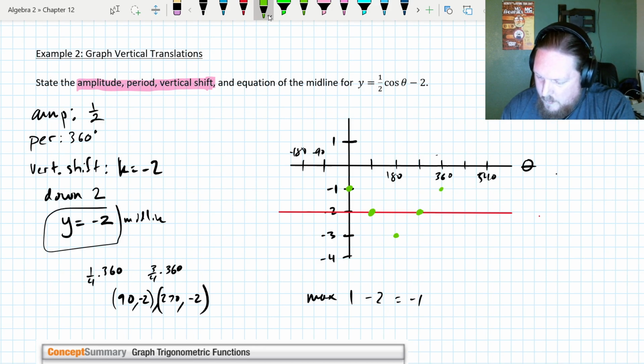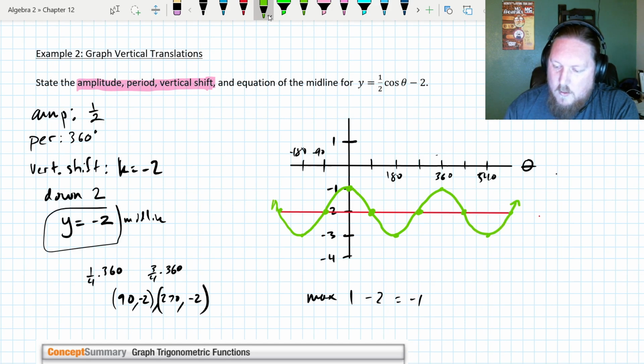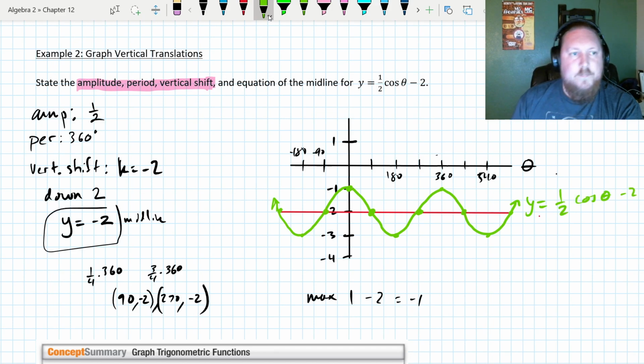Go up, down, down, up, and over here we'll go down, down, back up, and there we have all the dots we need to be able to draw y equals 1/2 cosine theta minus 2.